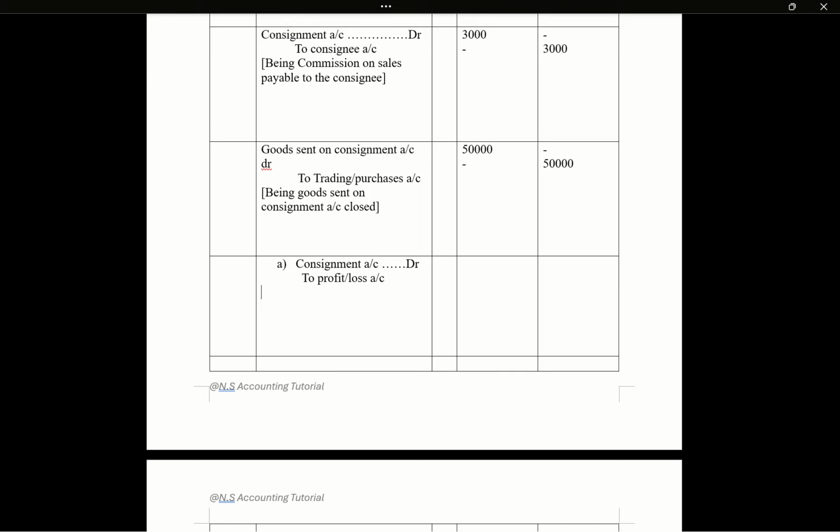Here narration will be being profit on consignment transferred.